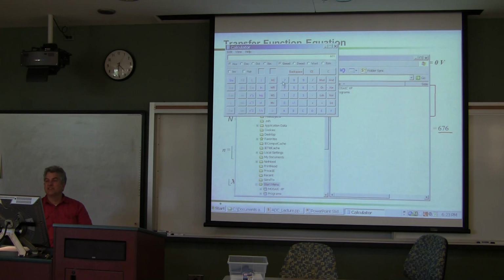Okay. Yes? If I have the reading from like 4 to 20 milliamps, can I use the same equation? Instead of using V ref, I can use I ref, say 20 minus 4. Well, don't forget what we're doing is we're measuring voltage, not current.